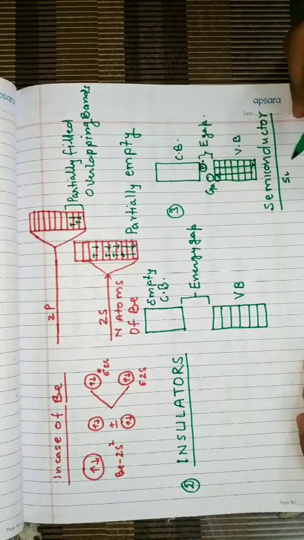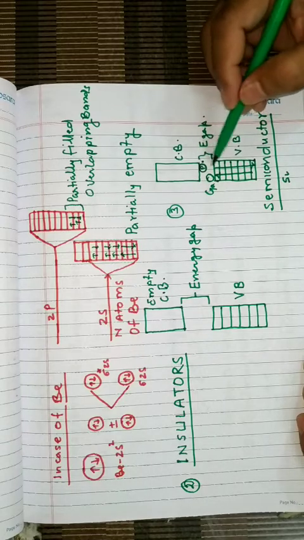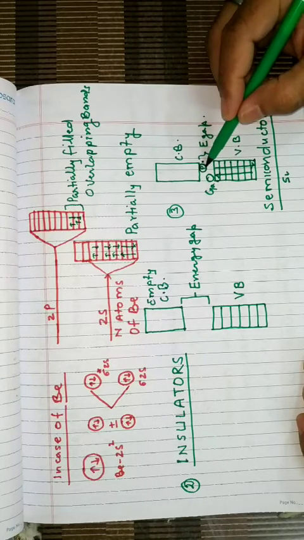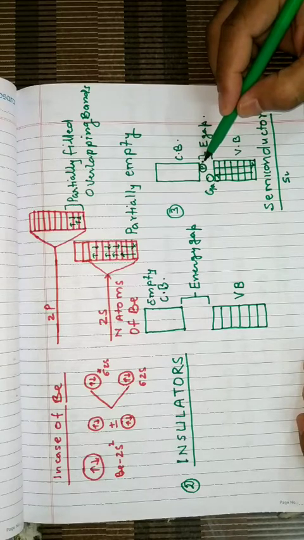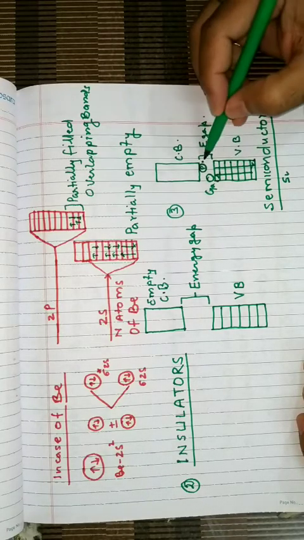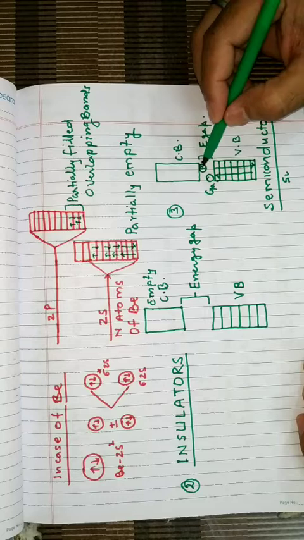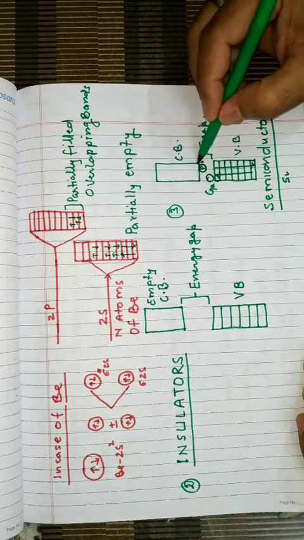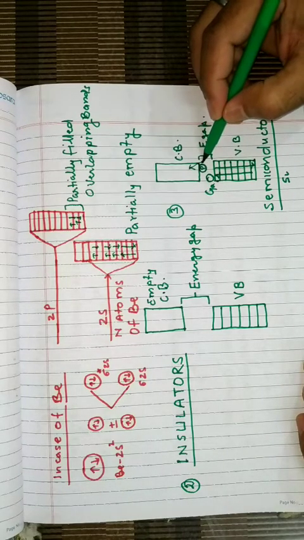This combined with the silicon atom minimizes this gap in this way, so that it is nearer to the conduction band. So when a potential difference is applied, this excess electron of the 15th group atom, that is P or arsenic, jumps into the conduction band. Now this becomes empty, so from the valence band an electron comes over here.